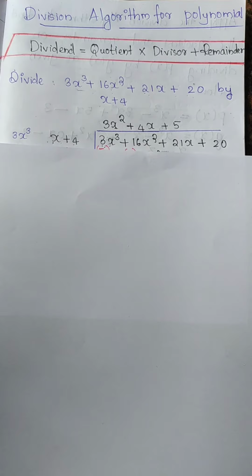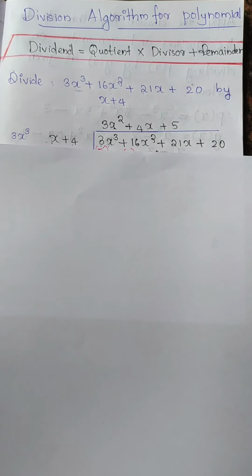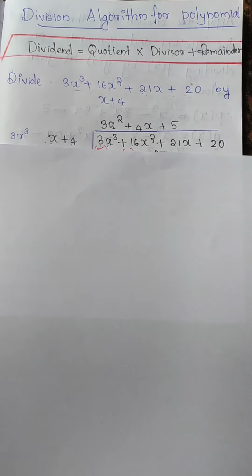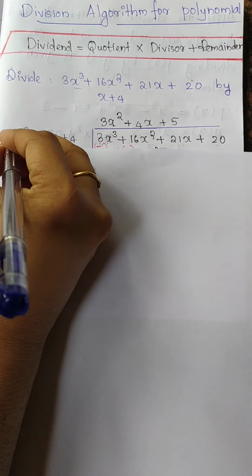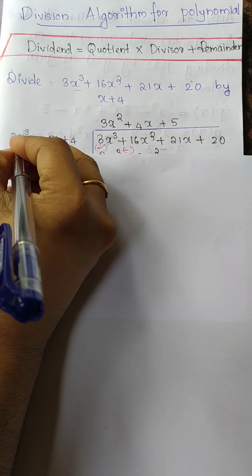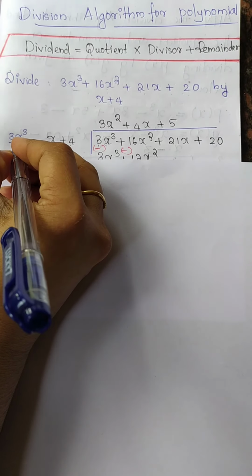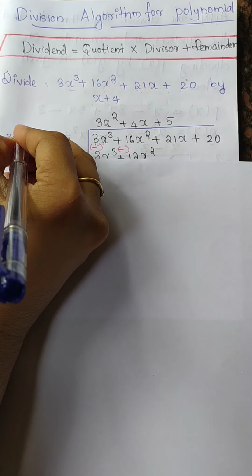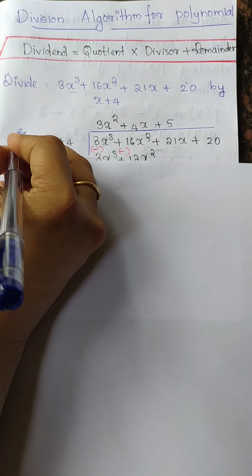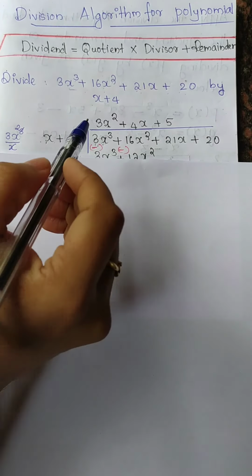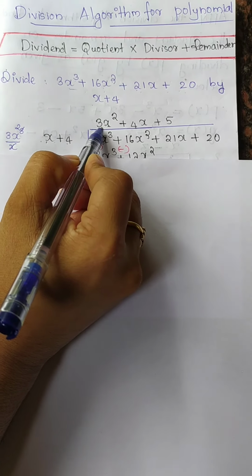Then what we have to do? 3x cube divided by x. So what will you get? x is common and x is common, so what is remaining here? 3x square. So write that 3x square in the quotient.